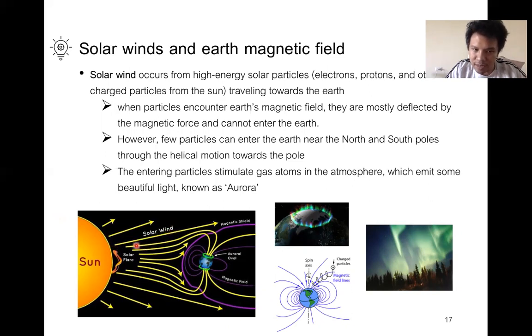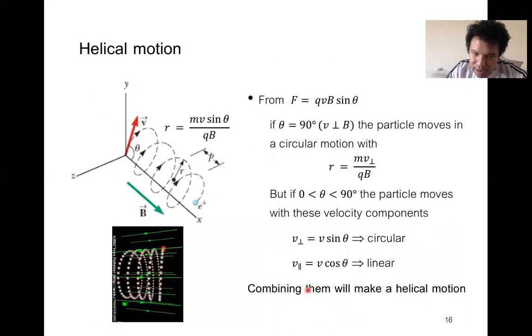So this is like the electron moving along with the solar wind, and when they face the Earth's magnetic field, they get deflected by qv cross B. We have the force F by qv cross B because the particle from the solar wind has some charge. But there will be some charges that are not deflected outside, but travel along the magnetic field in a helical path like this.